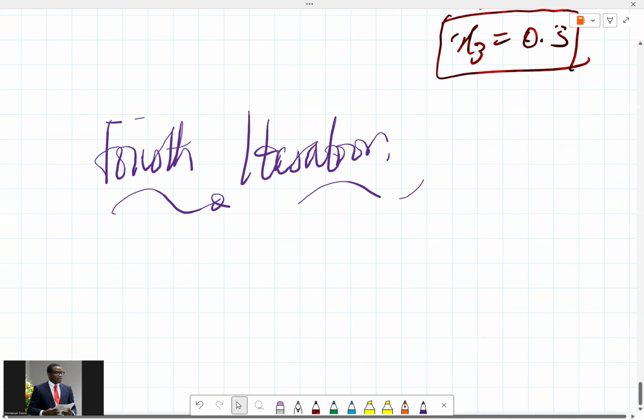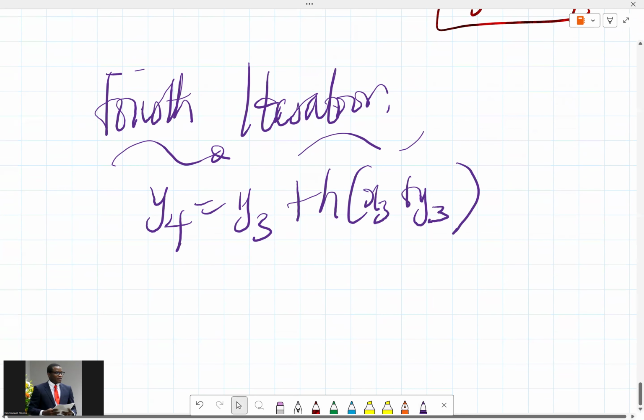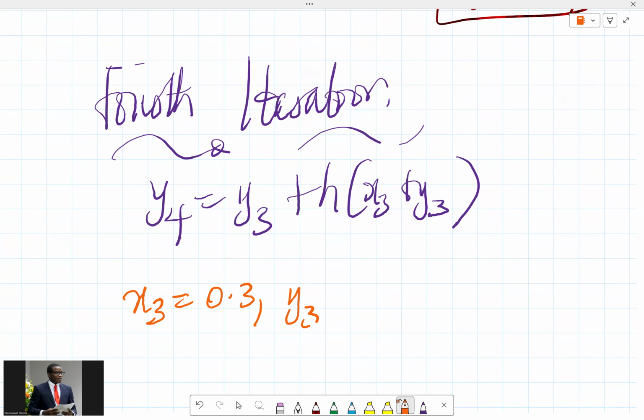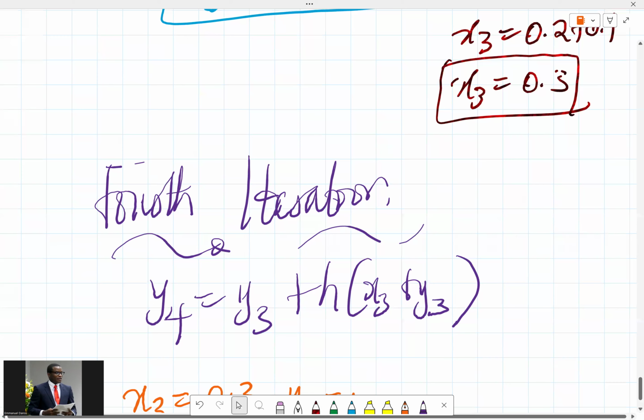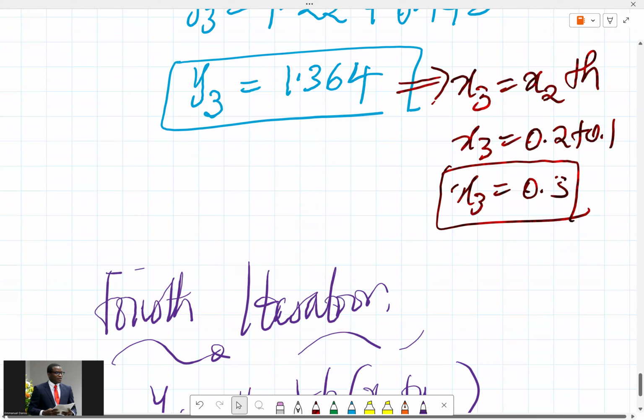Fourth iteration, again, we need y4, which is equal to y3 plus h into x3 plus y3. Right now, we have x3 to be 0.3. Y3 is what we just obtained up there. Oh, is it 1.364?